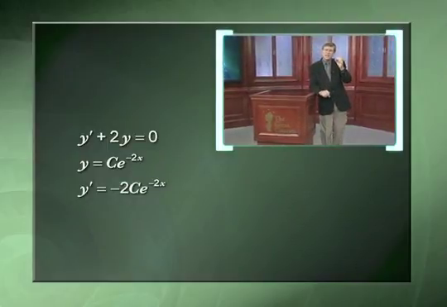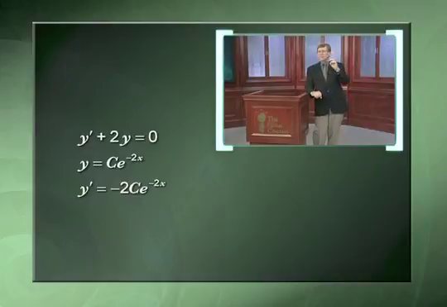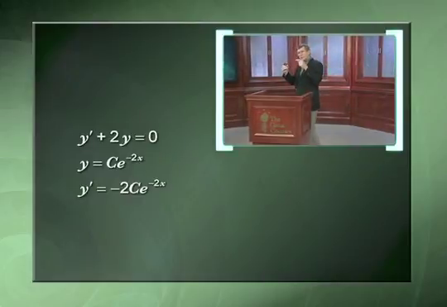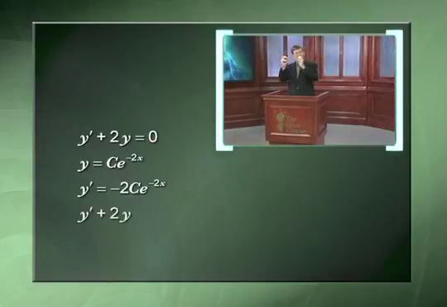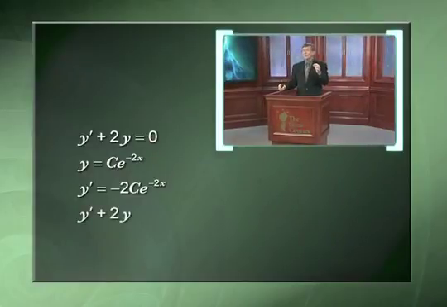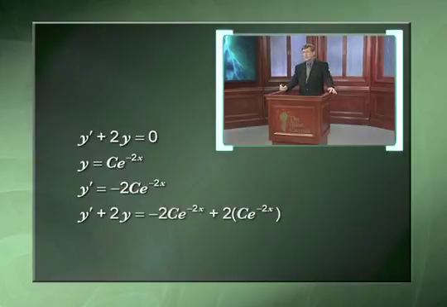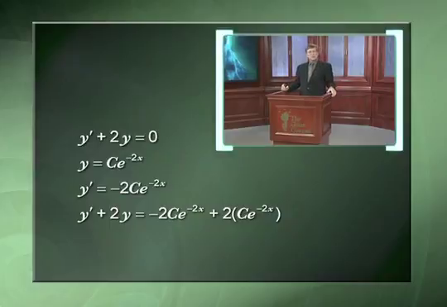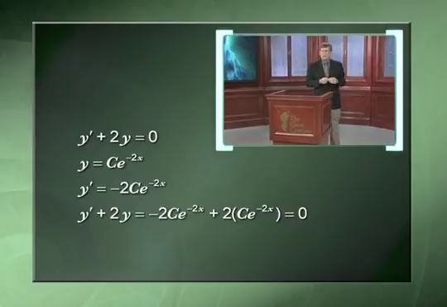I'm differentiating e to the minus 2x by the chain rule, so the minus 2 pops out. And then I take the derivative, add it to 2 times the function, and hope to get 0. So the derivative is minus 2 ce to the minus 2x plus 2 times the function ce to the minus 2x, and lo and behold, they cancel each other, and yes, it's a solution.